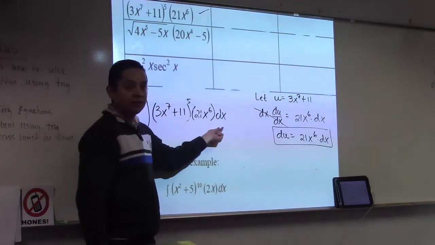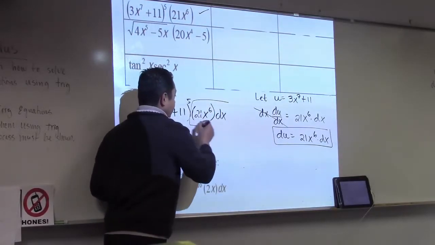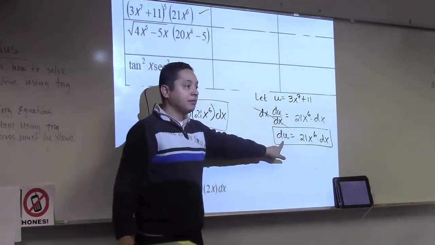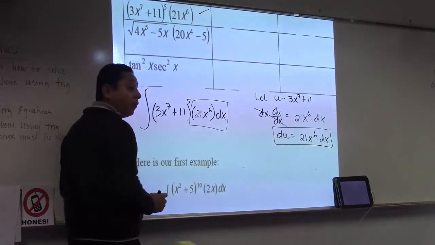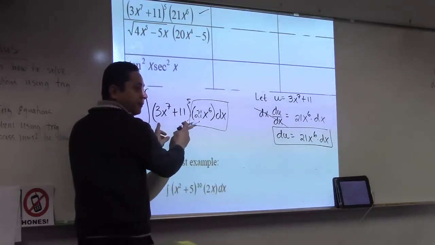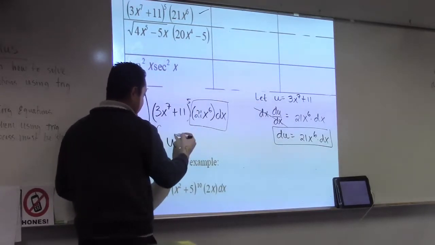So 21x to the 6 dx, it's here. So I can replace this 21x to the 6 dx with a du. So this whole integral now becomes, what did I call the inside part? U. U to the 5th.